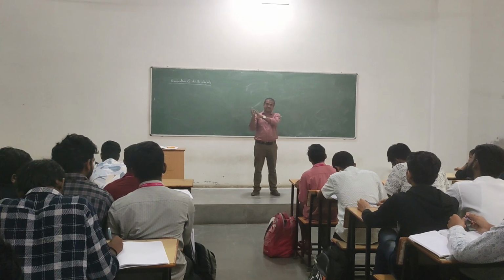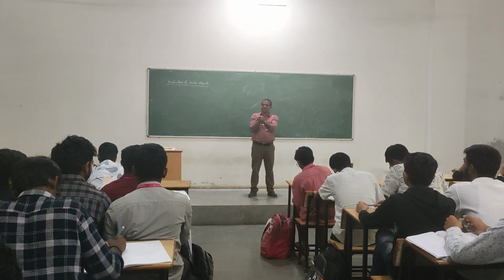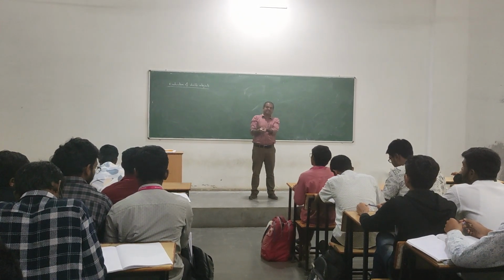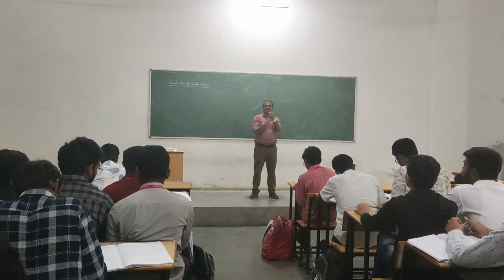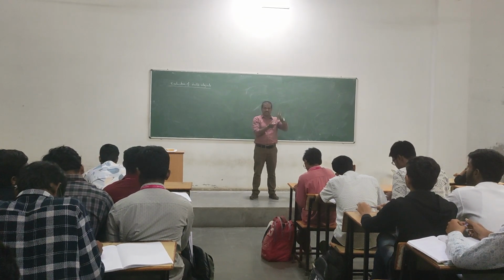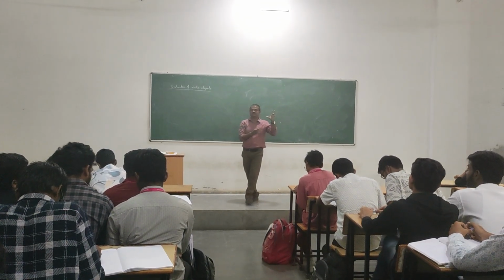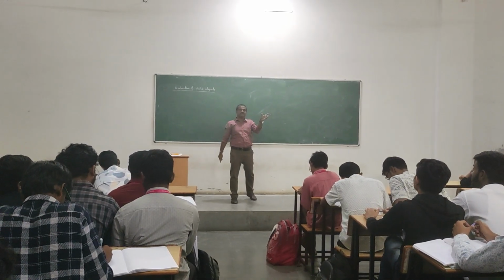The total integration will then be converted into x. After that, integration can be done with respect to x in the limits. That is one procedure. So these are the two conditions.